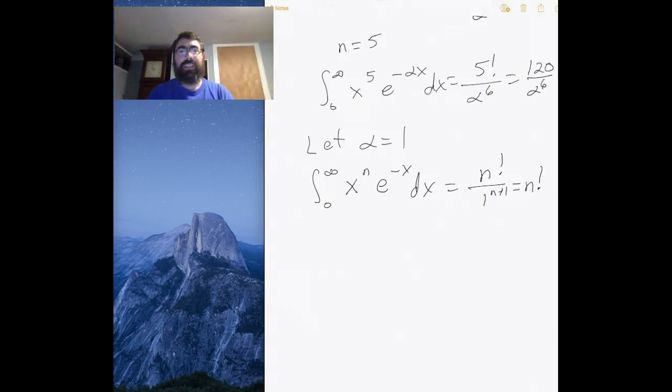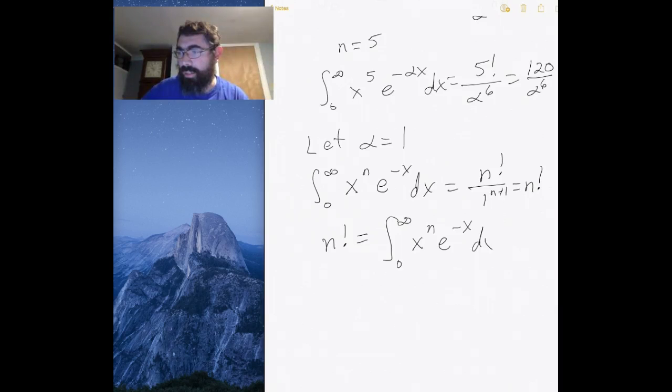So that's really interesting, because now what we have is a formula for the factorial, which is an integral. So the factorial is no longer just defined as the product of a bunch of positive integers, but now it's actually the integral of this continuous function, with limits from 0 to infinity.